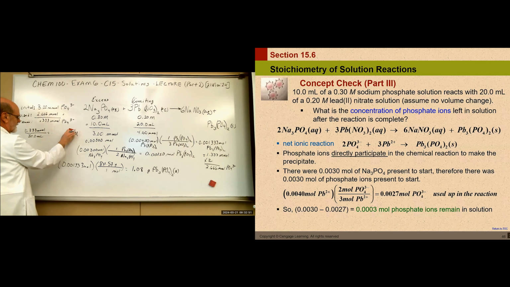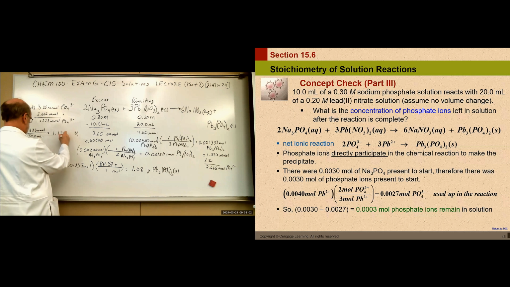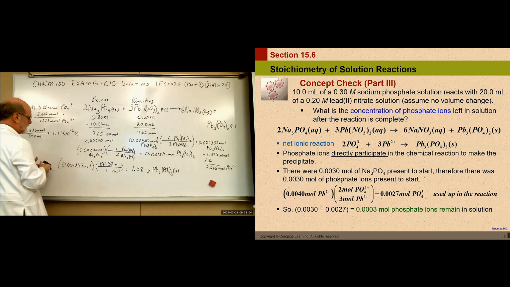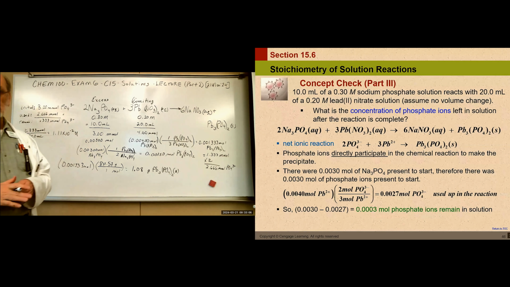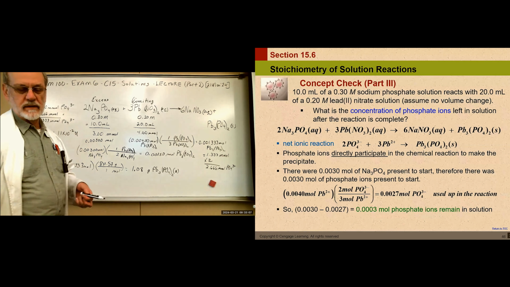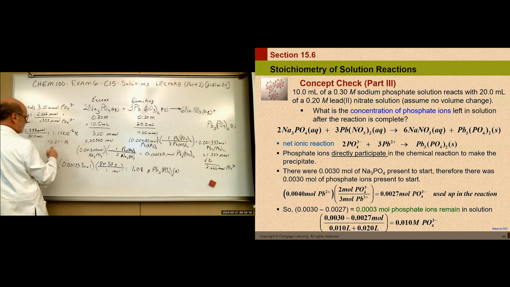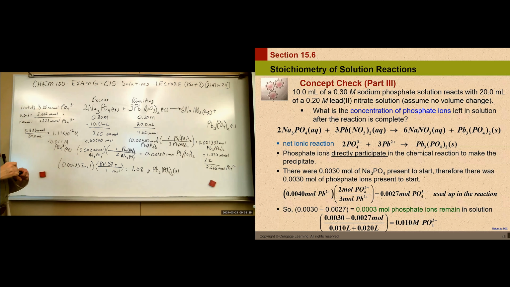There we go. 1.11 times 10 to the minus 2 molar. There, that's more believable. 0.01. Or in standard notation, move the decimal place. That's phosphate left in solution.